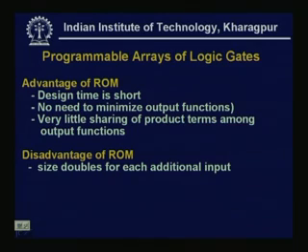Because all possible outputs are available in the arrays, what we are calling memory, very little sharing of product terms among output functions is necessary, or actually it is done. Now, the disadvantage of ROM is that its size doubles for each additional input. Why?